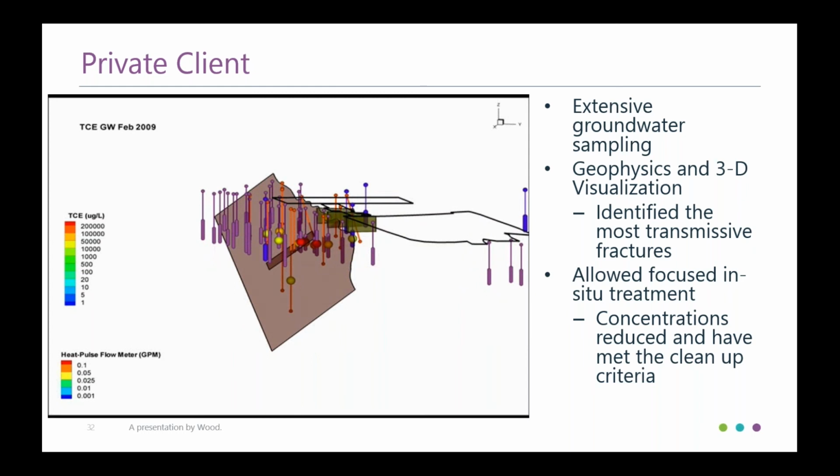They line right up with the fracture and the highest concentration, so it fits the conceptual site model. I think it's just a good example of, if you do it right, how you can really get to the end point that you're looking for.